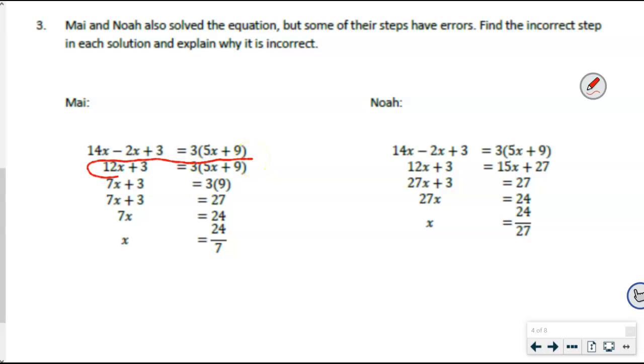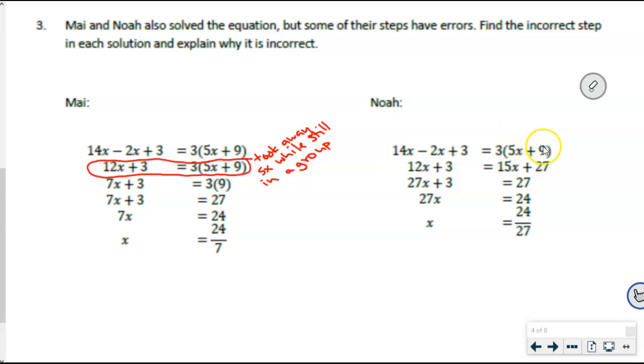Let's describe it. We got to simplify first. We've got to do that distribution first. Good job recognizing that mistake.